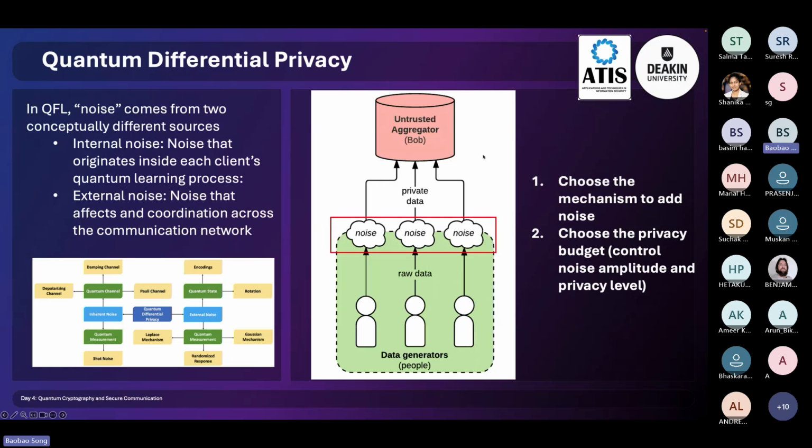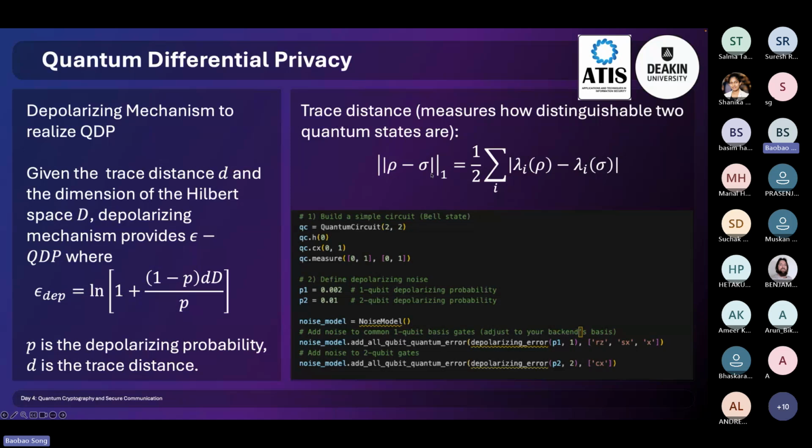Next, if you want to use quantum internal noise, you can use channel noise or measurement noise. Some papers list how you can utilize this type of noise to provide protection, and this paper provides the proof of the privacy budget.